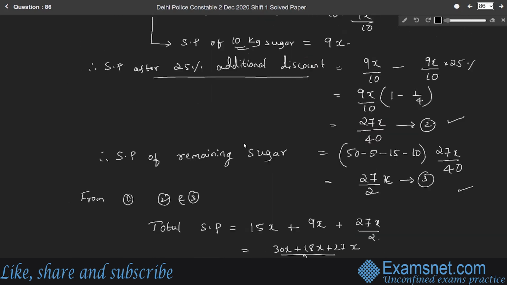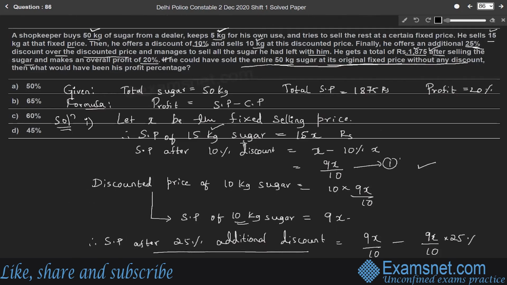And the shopkeeper gets 1,875 rupees and gain overall profit of 20% here.